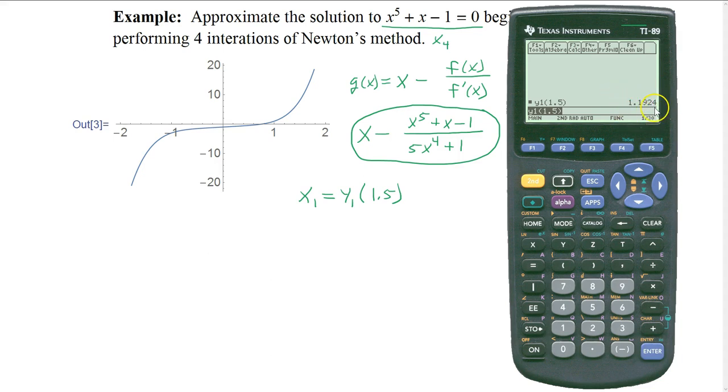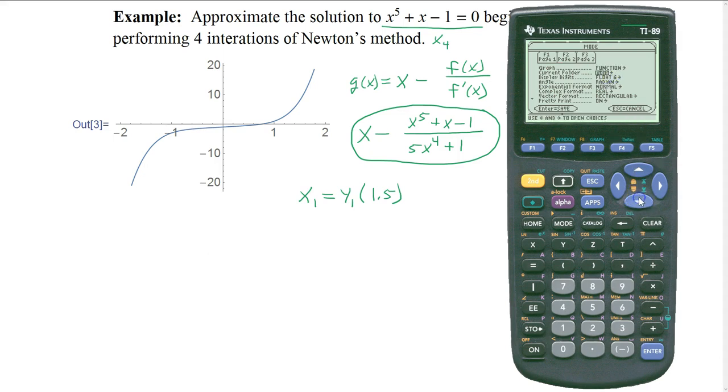1.1924. Now if you want more decimal places than that, which I would advise, you can change the mode setting on your calculator. I'm going to show you how to do that. Press mode, and we want to set our display digits.